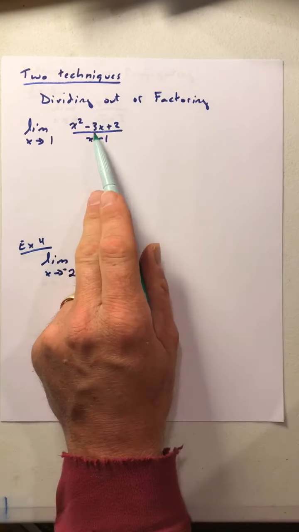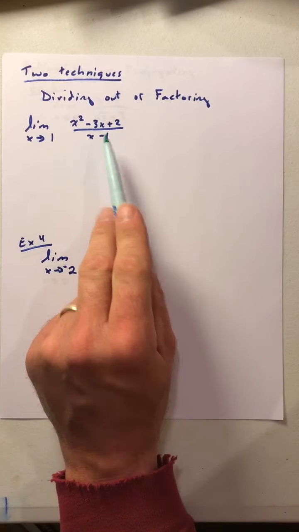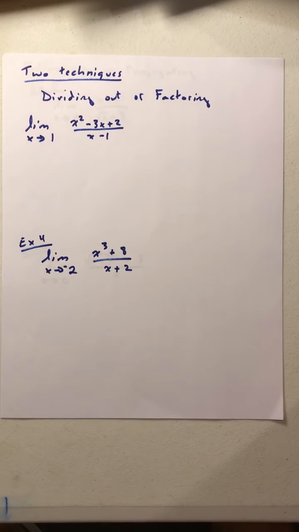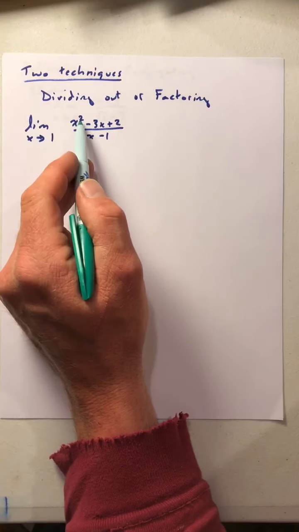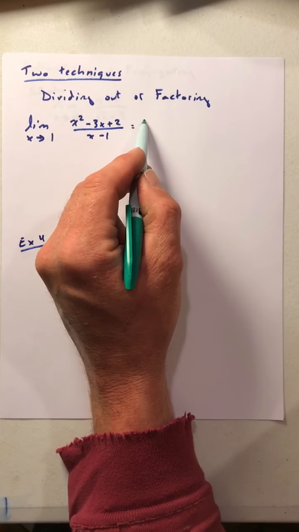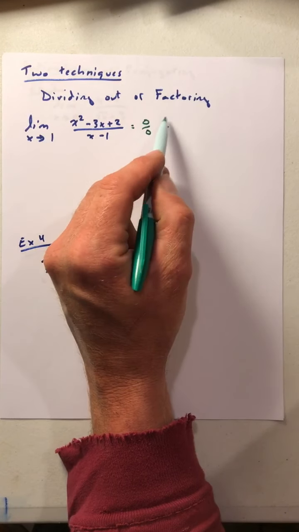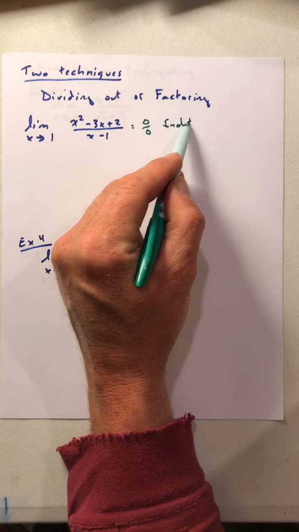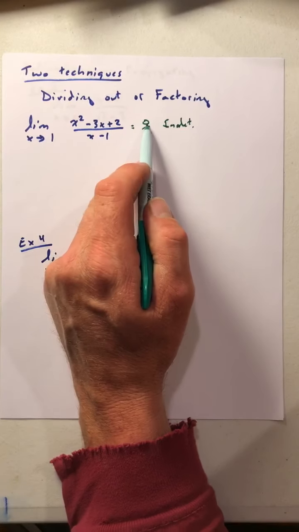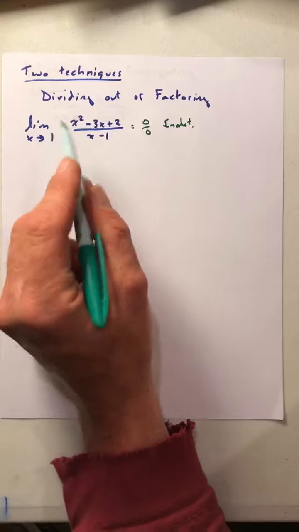Well, notice, there's our friend that we just talked about. We're going to talk about two techniques today. The first one is the dividing out or the factoring technique. So as I plug in my 1, notice again, we ended up with 0 over 0, which is indeterminate. So we're going to do something with it. In this case, we're going to factor.